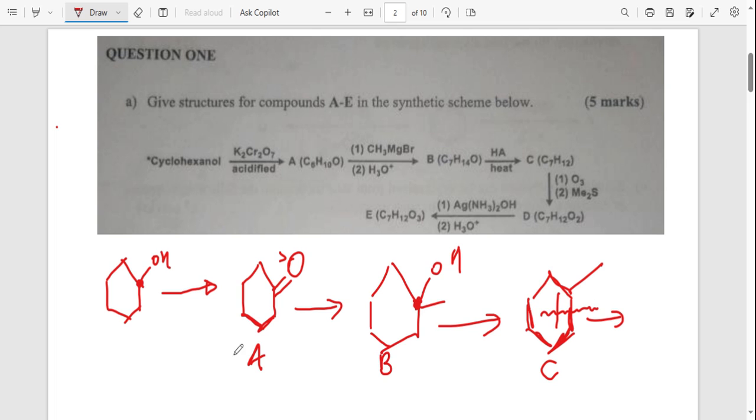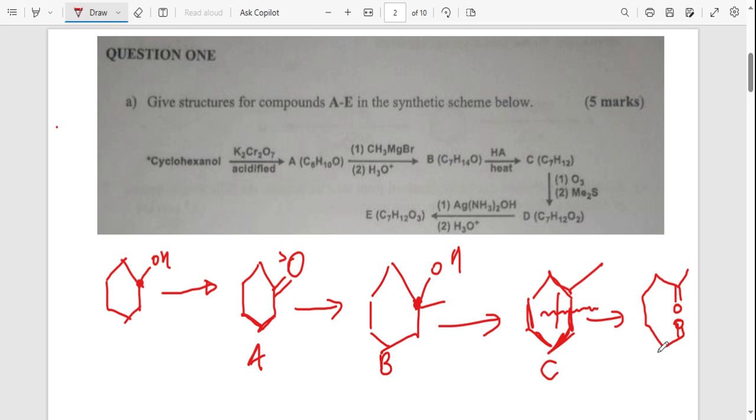So break that double bond in the middle, and then the structure we're going to have is something like this. Simply attach an oxygen at this end and simply attach another oxygen at the other end. So this will be our product.